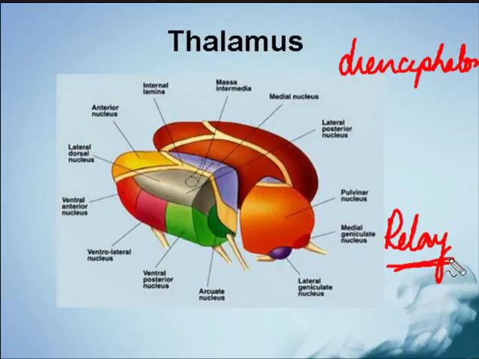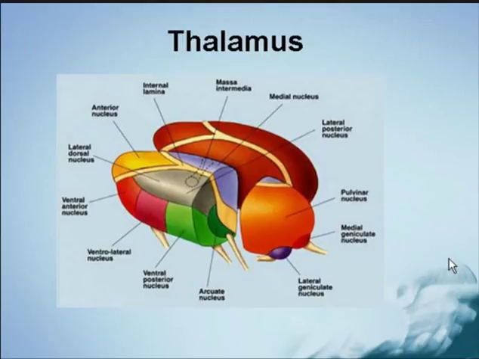Now since we are on this diagram, I just want to show you how the thalamus is divided. There are two thalami, and the two thalami are connected to each other by a mass of nervous tissue which passes across, which is called the massa intermedia, or also called the interthalamic adhesion.